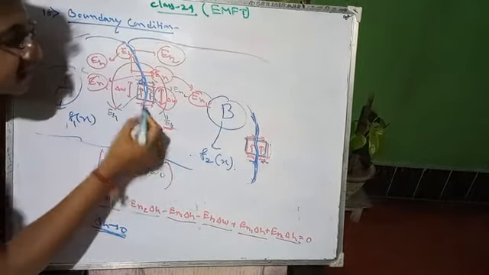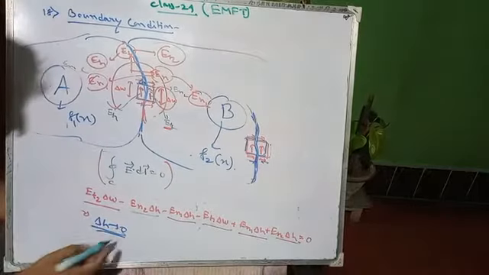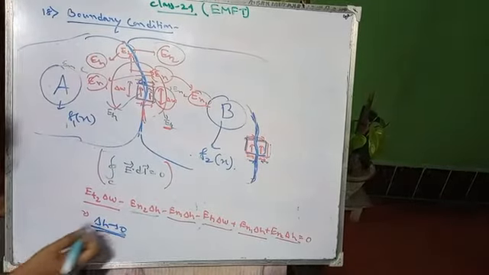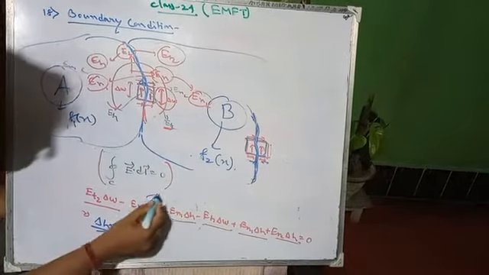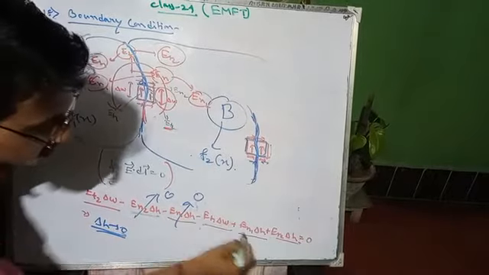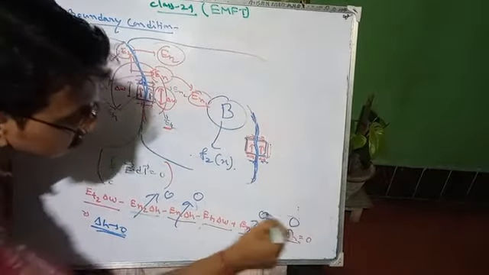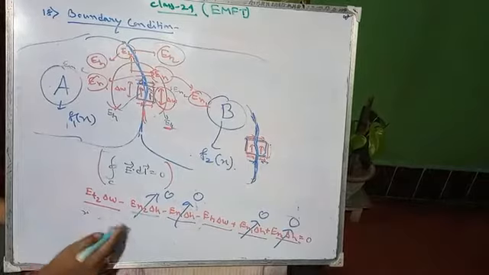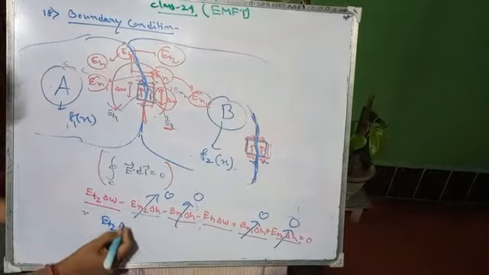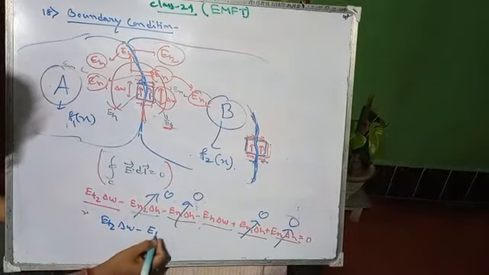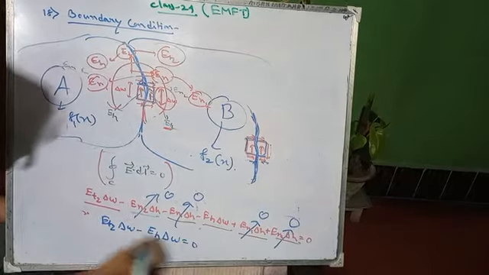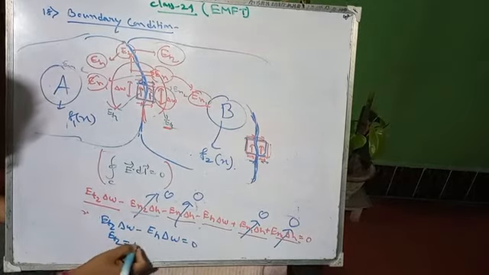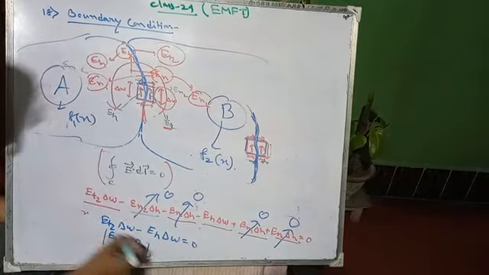So we are taking this del H to be 0, or del H tends to 0. So if we apply del H tends to 0, then this one will be 0, this one will be 0, this one will be 0, this one will be 0. So the ultimate equation becomes ET2 del W minus ET1 del W equals 0. That is, ET2 equals ET1. This is your first boundary condition.